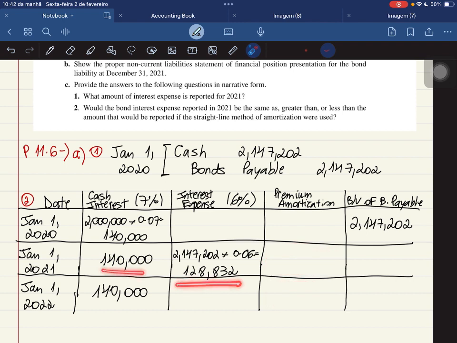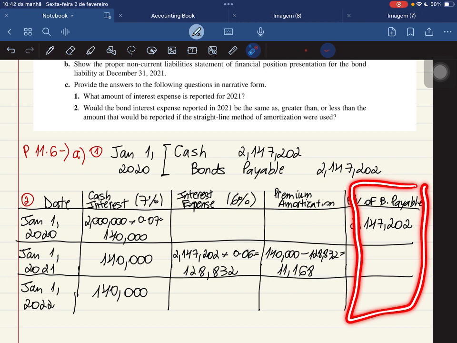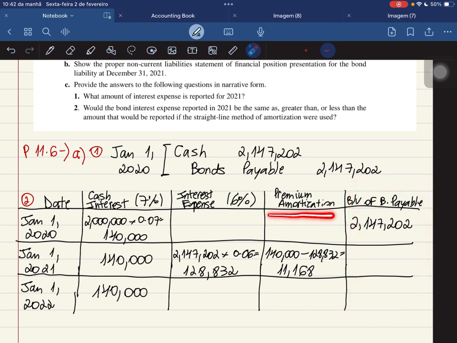Premium amortization or discount amortization, these numbers can never be negative, so just go ahead and subtract the smaller one from the biggest one. $11,168. And remember that I told you that this part is counterintuitive. If over here we were doing discount, here would be a plus. If we're doing premium, here has to be a minus.